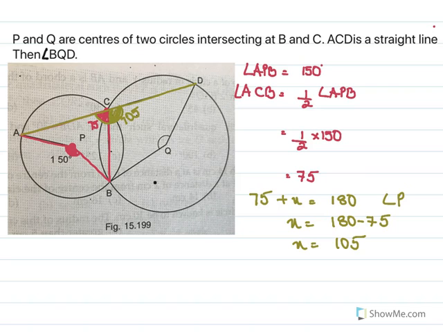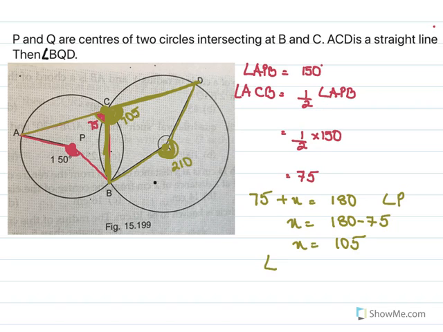Now this angle BCD is 105. Remember, BCD is an angle at the circle. So I need to find the angle at the center, and the angle at the center will be BQD. That will be double of 105, so it will be 210.